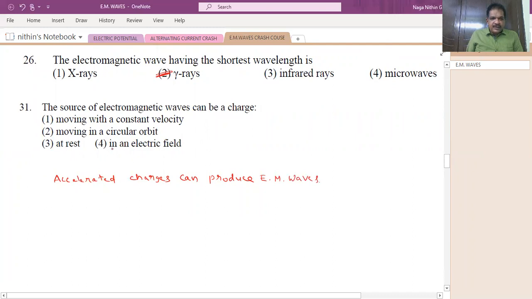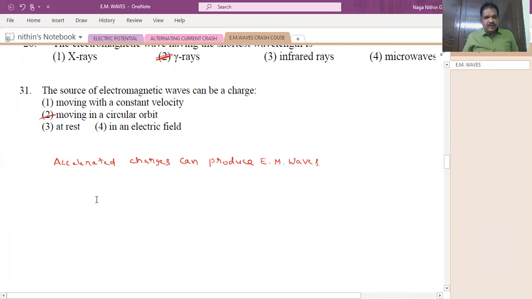So at rest in an electric field, or moving with constant velocity, are not correct. In a circular orbit, it can move with acceleration. So that's why the second option will be the correct option for it.